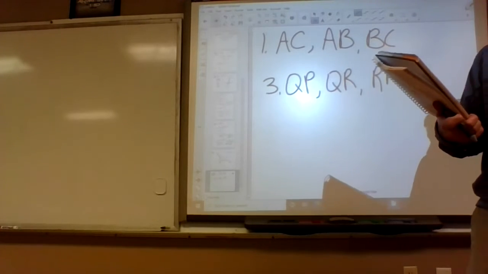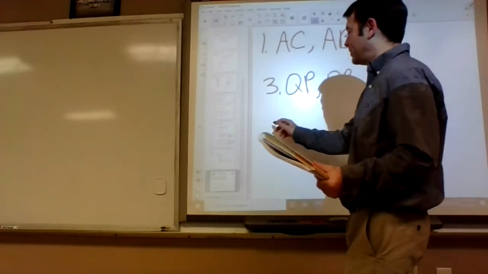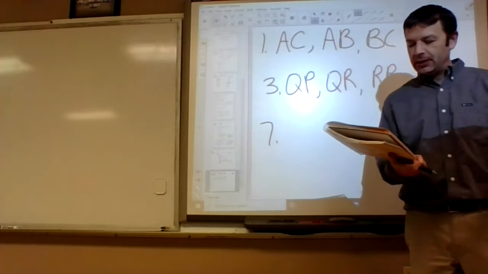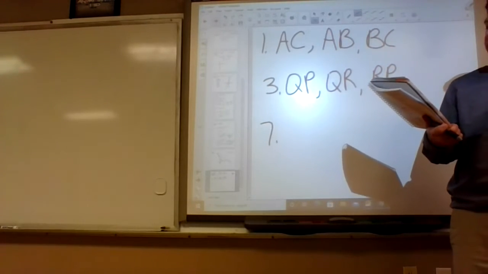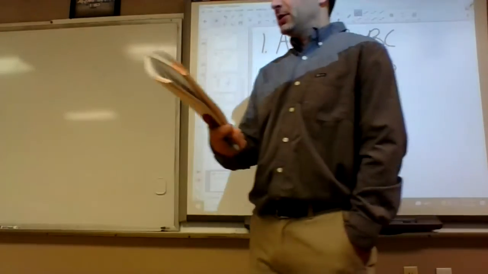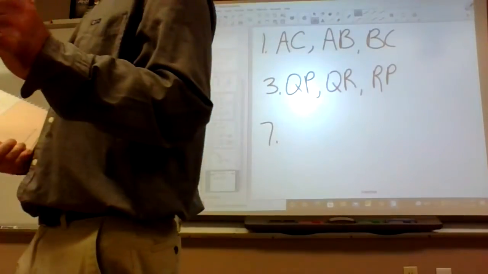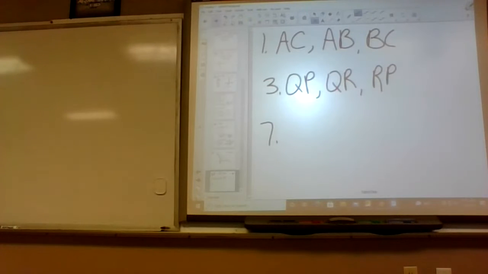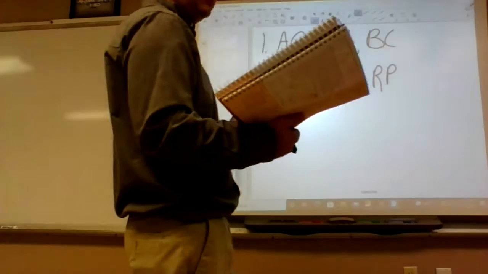Okay, number 7, kind of the same thing, but I'm skipping 5, by the way. You guys can do it. Number 7, list the angles of each triangle from smallest. So it's the same thing, but this time we're doing angles. The smallest angle is going to be across from the smallest side. What's the smallest side on number 7? 14. So what would the smallest angle be?